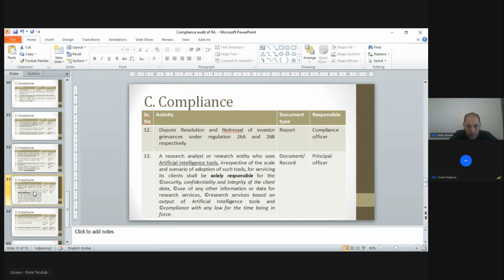Number 2, use of any other information or data of research services. Number 3 is research services based on output of the artificial intelligence tools. And fourth is on compliance with any other law for the time being in force. So all these must be documented and records must be kept by the principal officer.